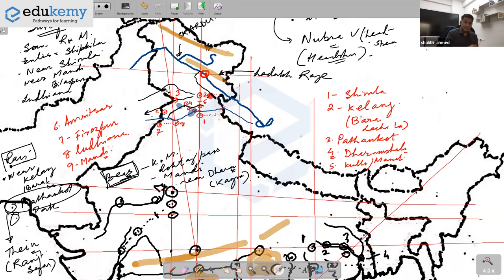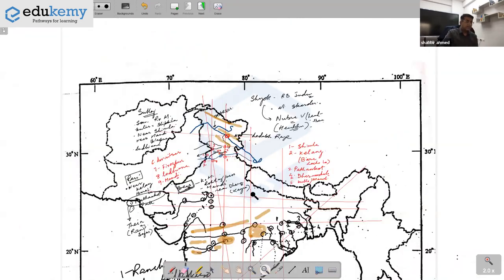This is Zaskar River, from near Kelang to near Leh. Okay, this you can add. Zaskar River source is from the Kelang region and it joins Indus near Leh. The source is the Zaskar range. This is Zaskar range like this. Karakoram, Ladakh, and Zaskar range. I'm done with the Indus River.